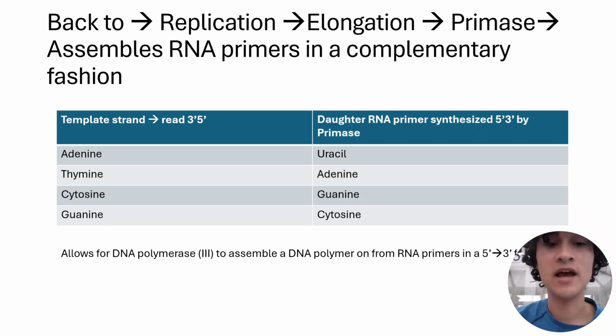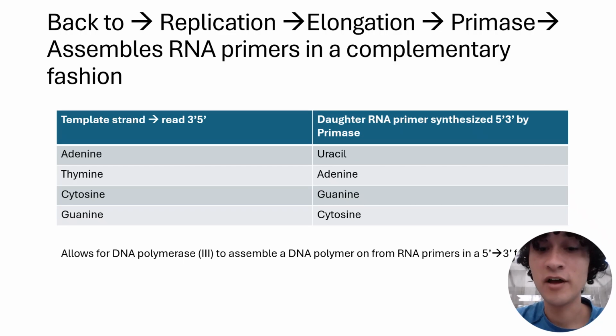So let's say our parent template strand, we're reading it 3 to 5, just to reiterate. If the parent strand is expressing adenine, then the corresponding ribonucleotide on that primer is going to be uracil. It's not going to be thymine, it's going to be uracil, because uracil replaces thymine.